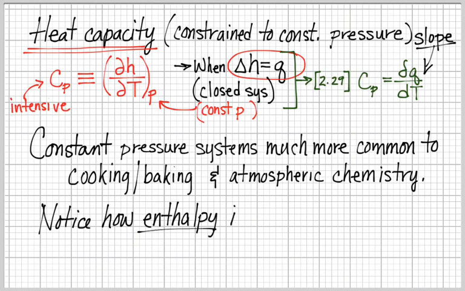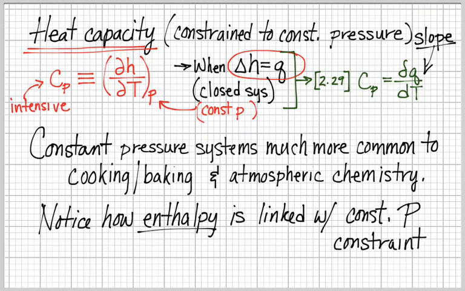So we have lots of scenarios with constant pressure systems where enthalpy is going to be a big part of our equations. And you see how enthalpy is linked with constant pressure constraints. Enthalpy will ultimately drop in a lot more often, so it's worth knowing why this is such an important second state function.